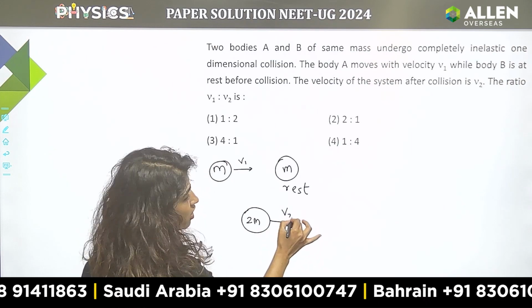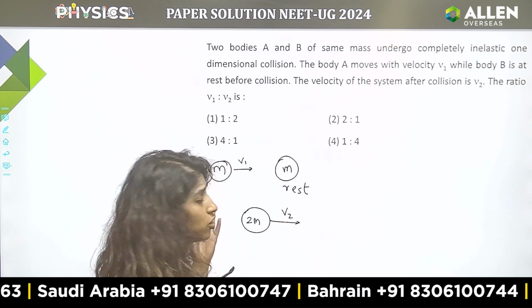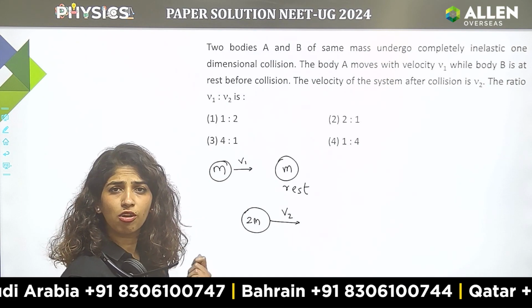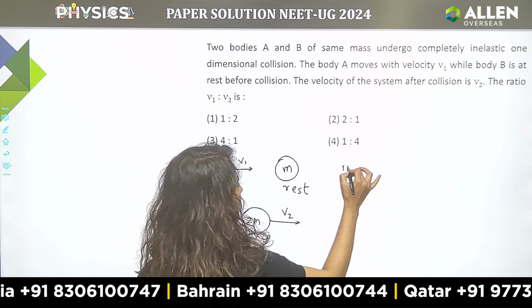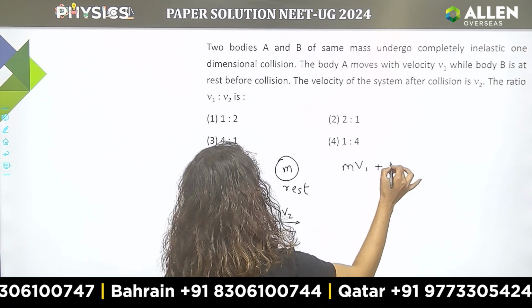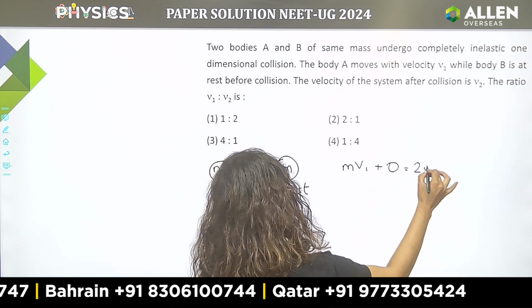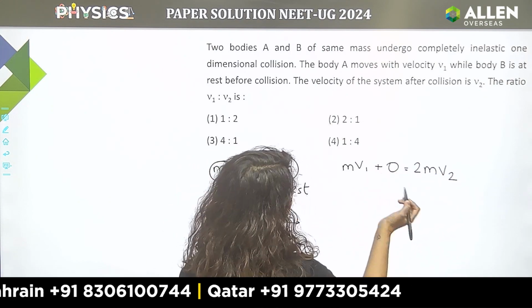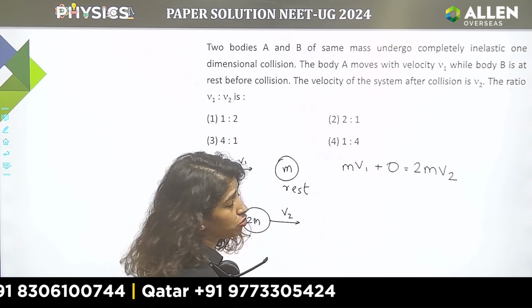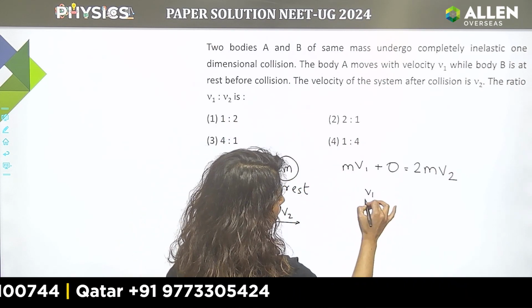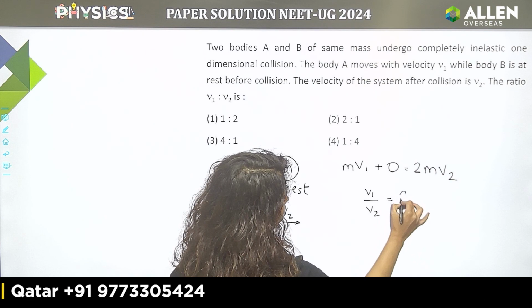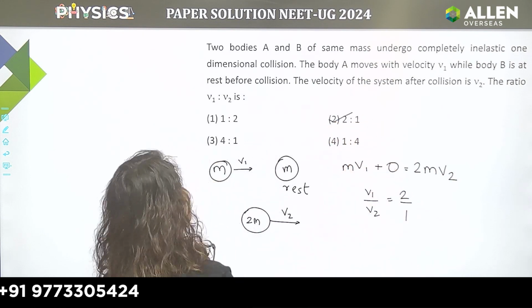The common velocity is v2, that's what is given in the question. So just apply conservation of momentum here. What will you get? mv1 plus 0 will be equal to 2mv2. We have to find v1 to v2. From here, v1 upon v2 will be equal to 2 is to 1. That is our answer.